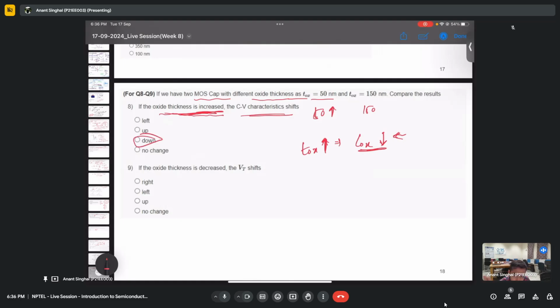Yes, sir. And if the oxide thickness is decreased, the VT will shift. So Tox will decrease, then VT, the threshold voltage basically, will shift.